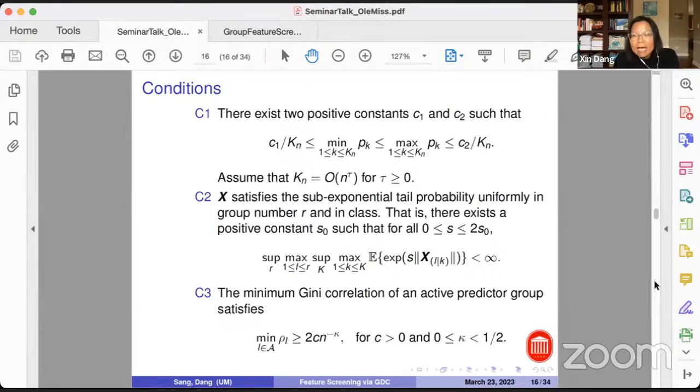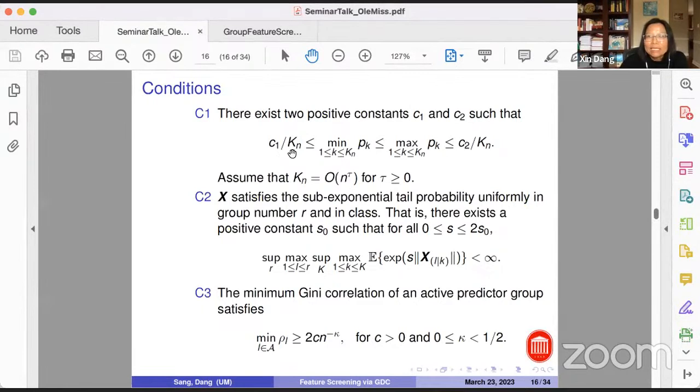And to develop this theoretical result, we need these conditions. The first condition is just for the distribution for your Y. So this p_k, the smallest and the largest will be of the same magnitude.